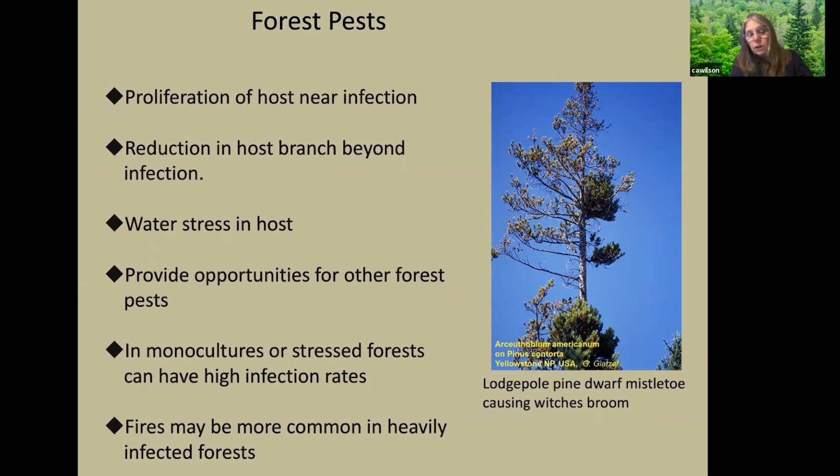And the other thing that can happen is fires can be more common in heavily infected forests, because you have more branch loss and things like that will build up in the understory. So that is some of the effects that you're seeing in some of your local forests from mistletoes.